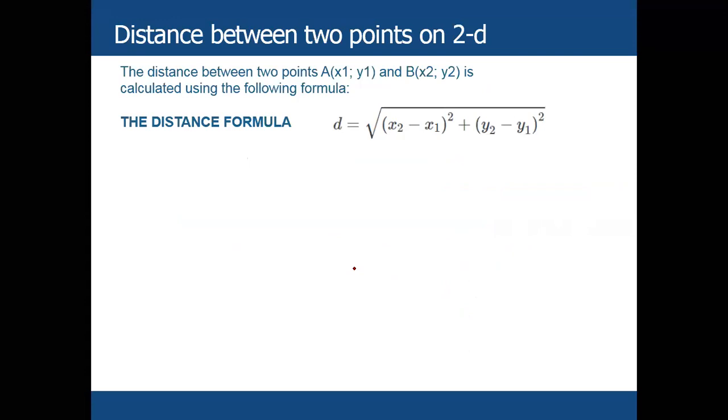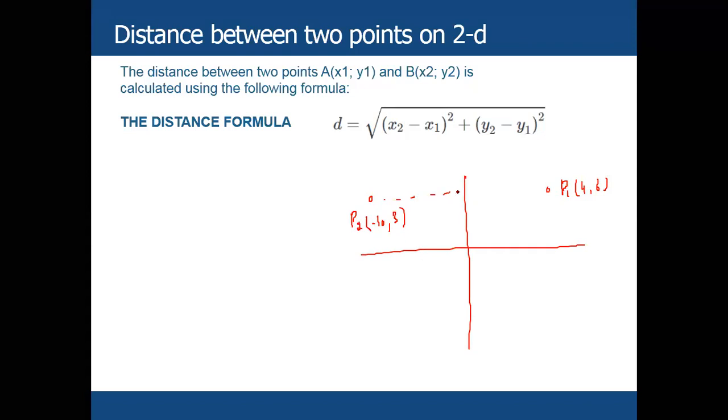So we use the formula for distance between two points in two-dimensional space. If we have point number 1 with coordinates 4 and 6, this point, and next we have point number 2 here, with coordinates minus 10 and let's suppose 3.